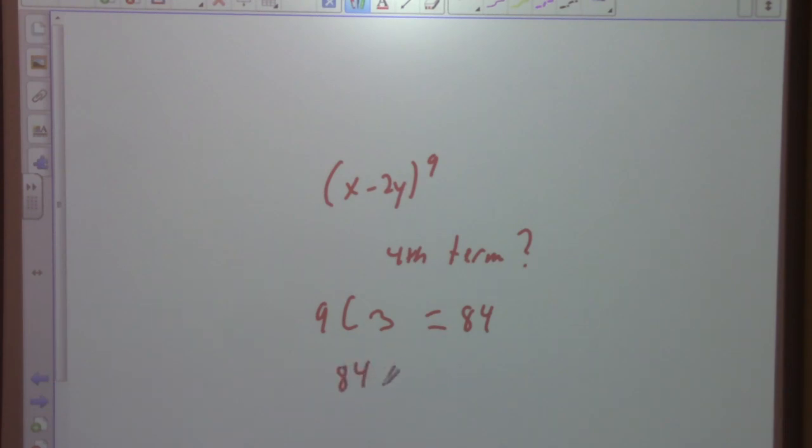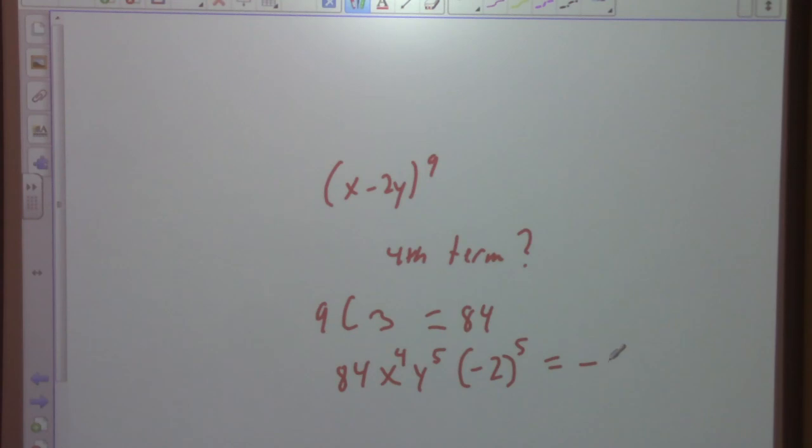We're going to have x to the 4th, y to the 5th, times negative 2 to the power of 5. Does that make sense? And so what's negative 2 to the power of 5 times 84?